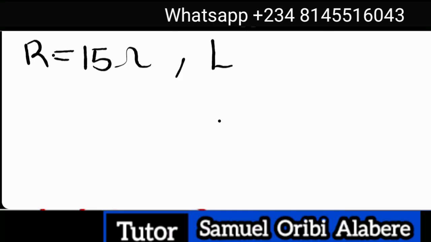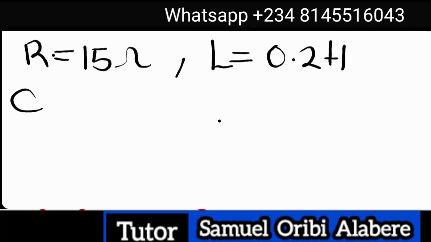So R will now be equal to 15 ohms. From the question, R is equal to 15 ohms. L is equal to 0.2 Henry.